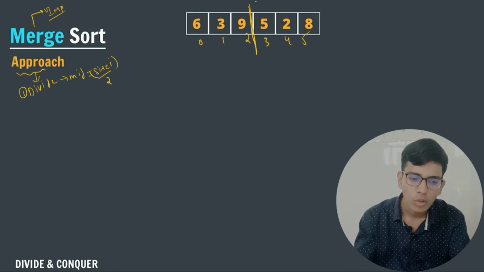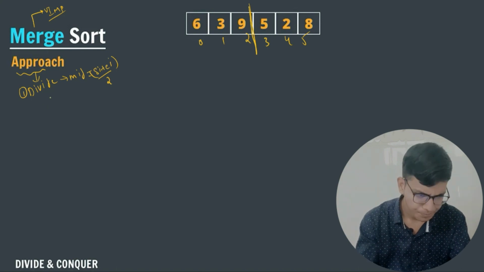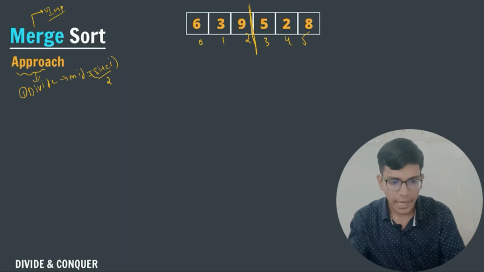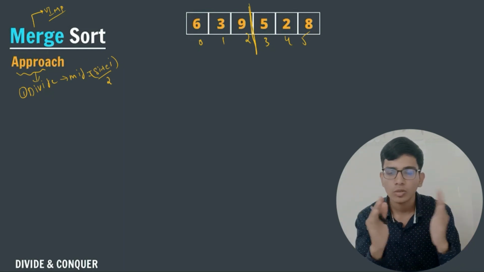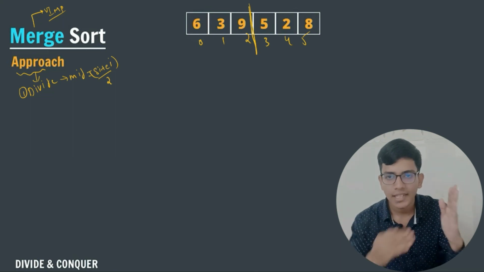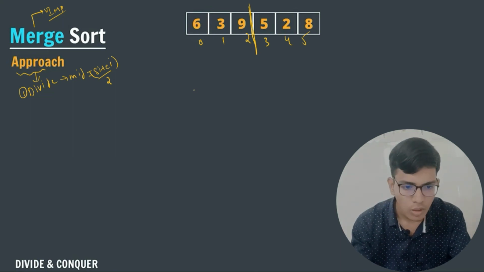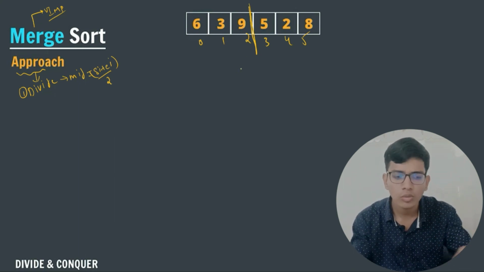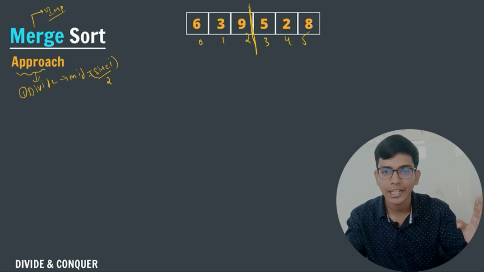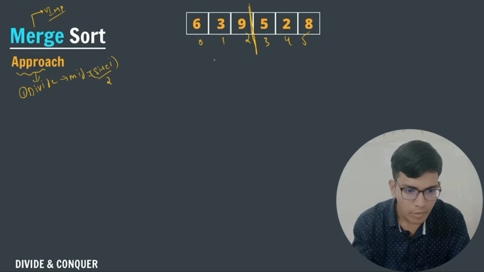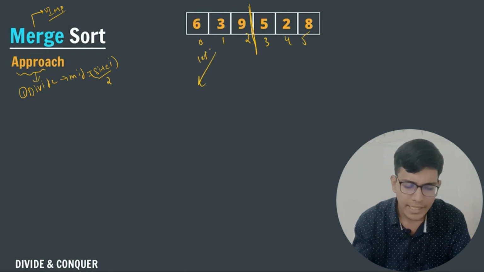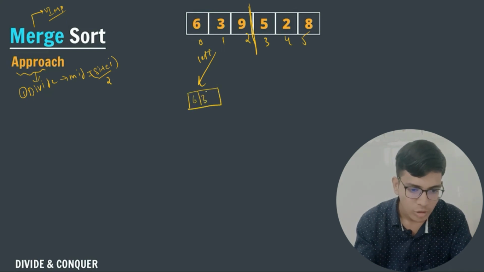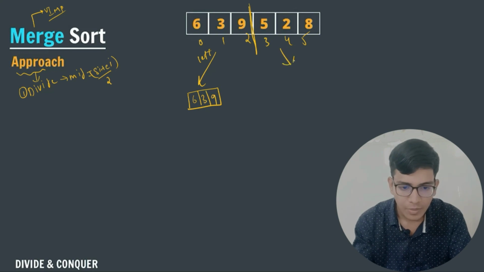I will separate the elements into a left part and a right part. After calculating mid, I will divide the left part and the right part separately. This is my left part, so I will take it separately from the given array. So this is 6 3 9. After that, this is my right part, right?